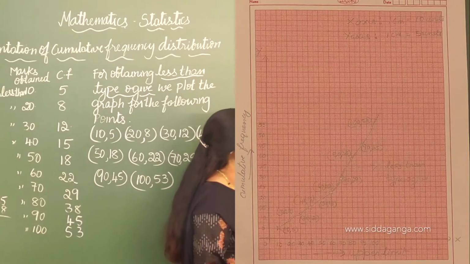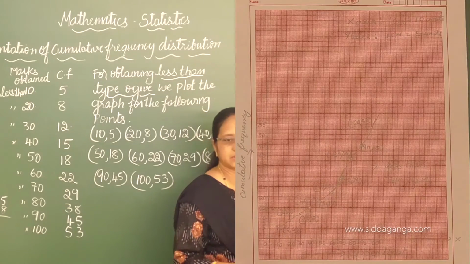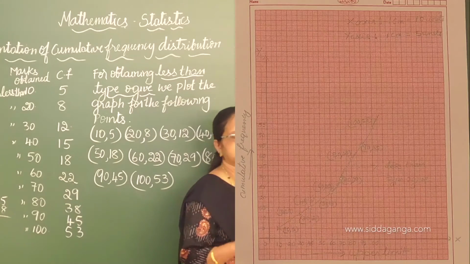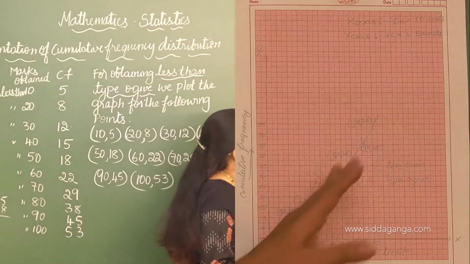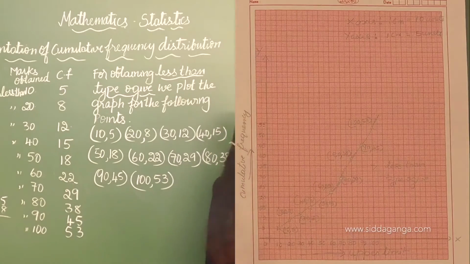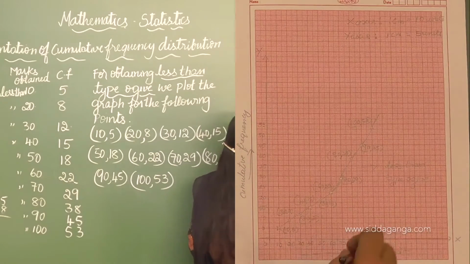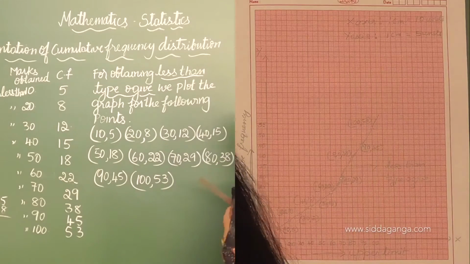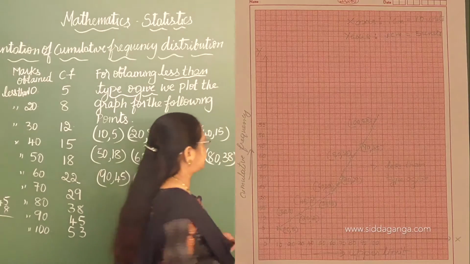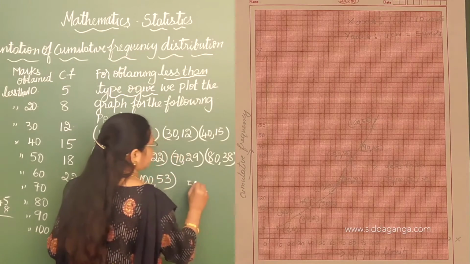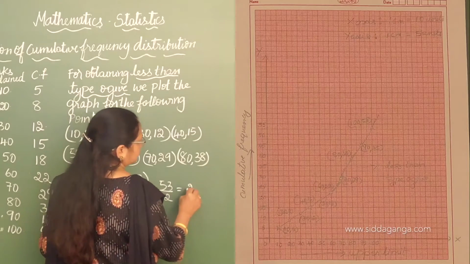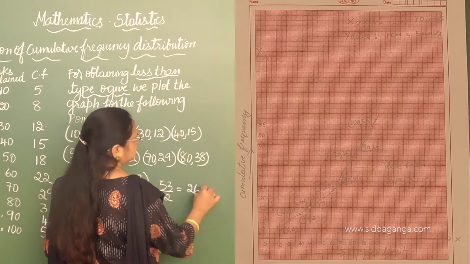Now, how to find out the median, later on I am going to show this, because once I draw the more than type also, but using this also we can find out the median. How? I will show here. See here, how much is n here? N is 53. So 53 divided by 2. How much will you get? 2 2s are 4, 2 6s are 12, 26.5.